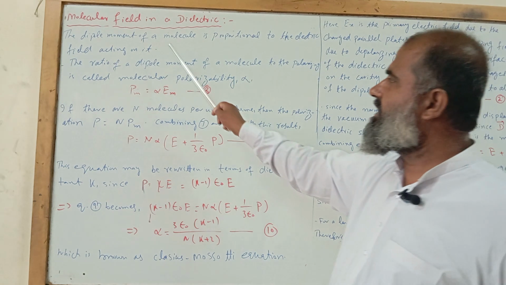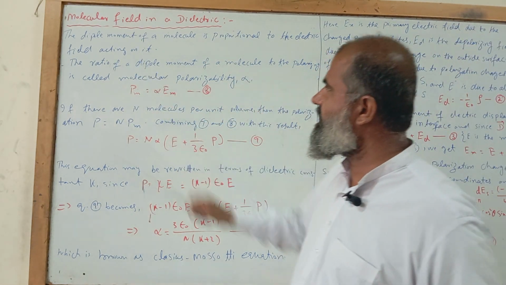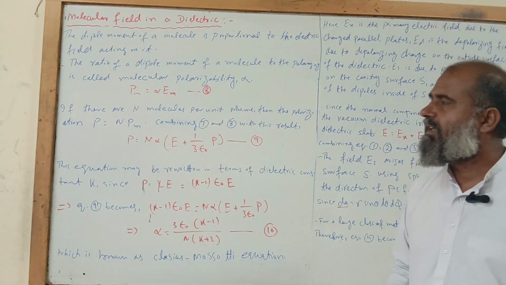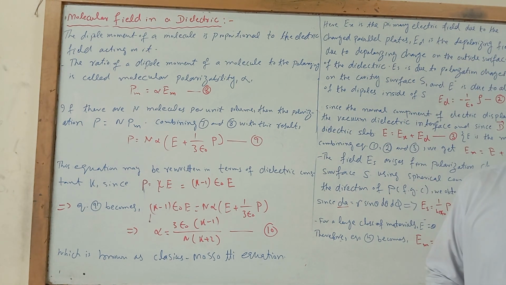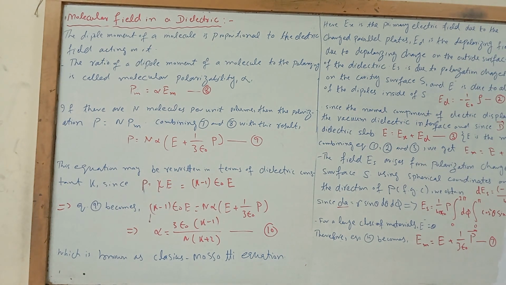The dipole moment of a molecule is proportional to the electric field acting on it. This is a very established point: the dipole moment of a molecule is always proportional to the electric field applied on it that is producing that dipole moment.